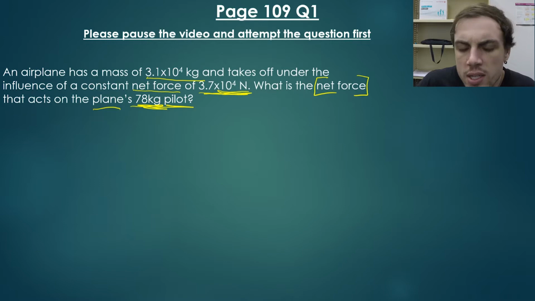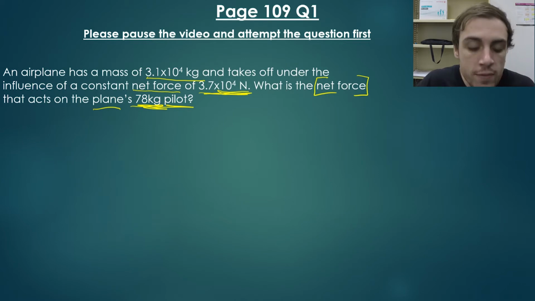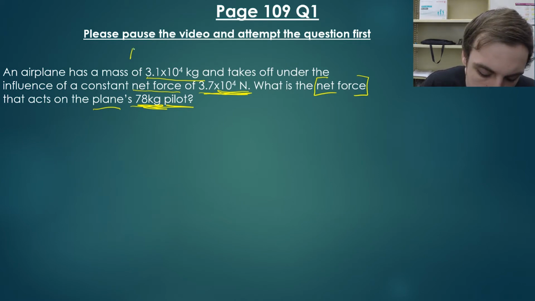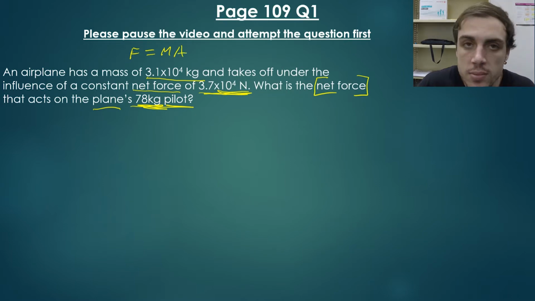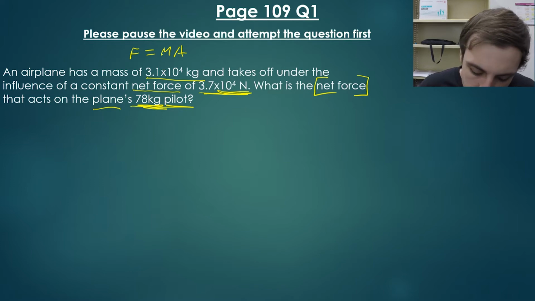The first thing I think of is, okay, we've got force, we're given a mass, so the first thing I write down is F equals ma. Force is equal to mass times acceleration. We know our aeroplane has a mass of 3.1 times 10 to the 4 kilos, and that we are given a net force.